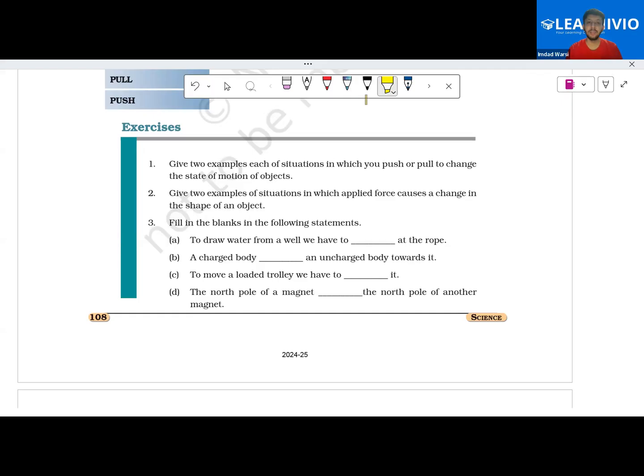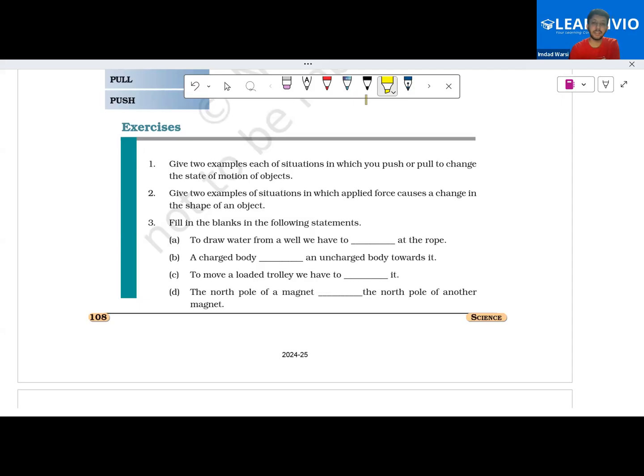The question says which causes a change in the shape of an object, which means the final result should be a change in the shape. If you squeeze a rubber ball, after you retract your force, what happens? It comes back to its original shape. So the motive is not achieved.